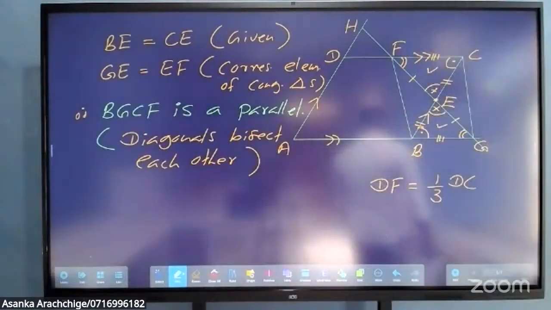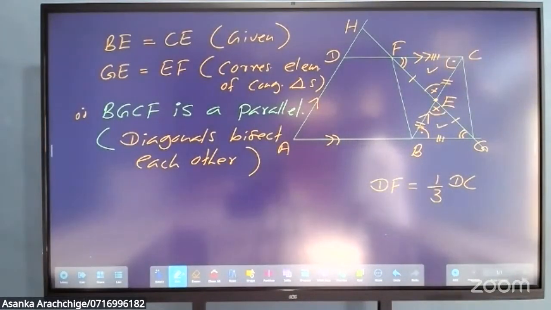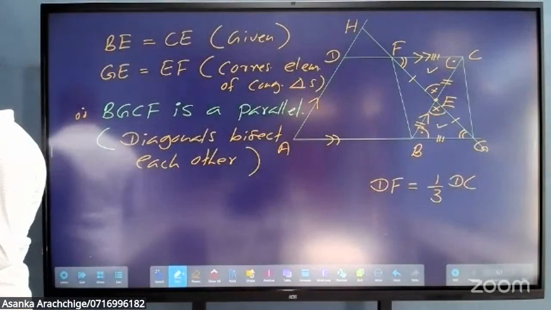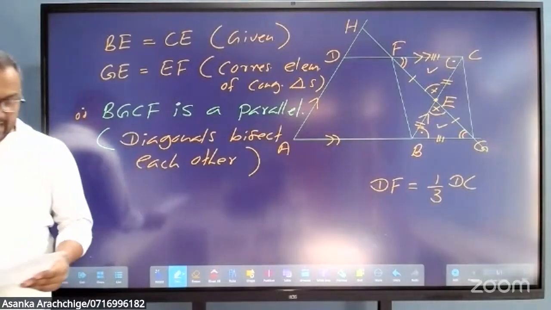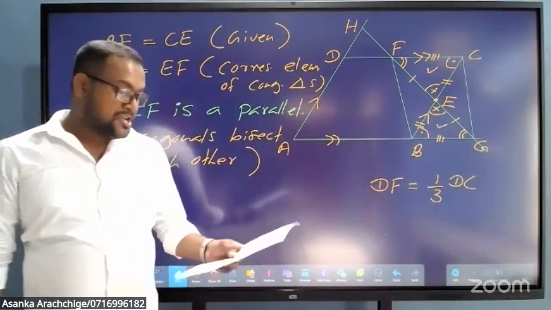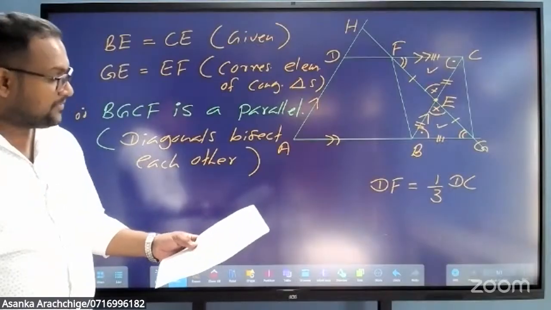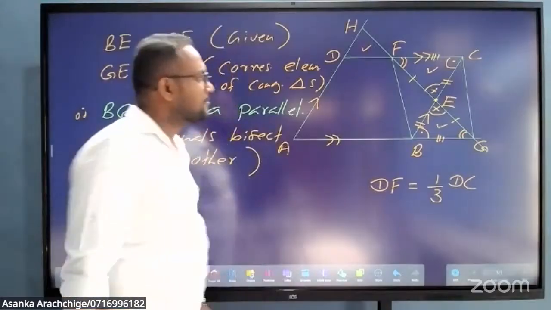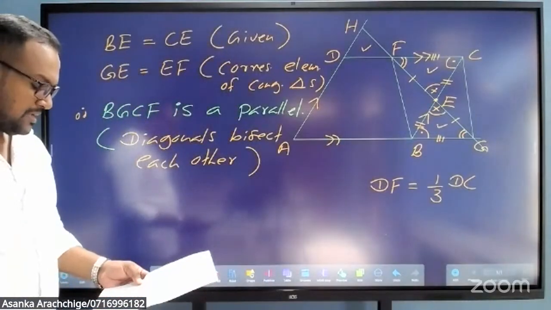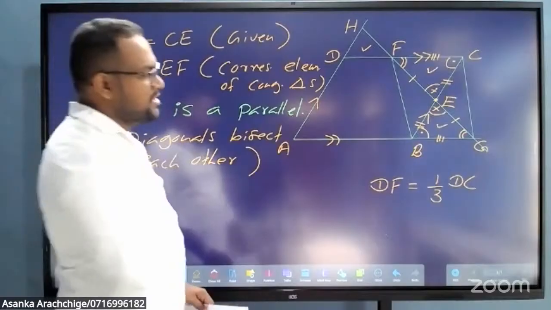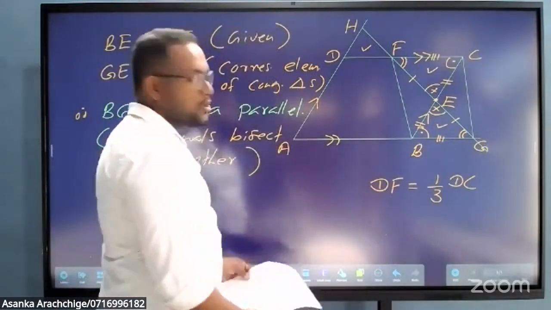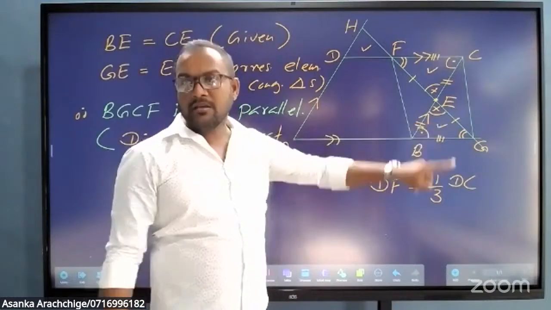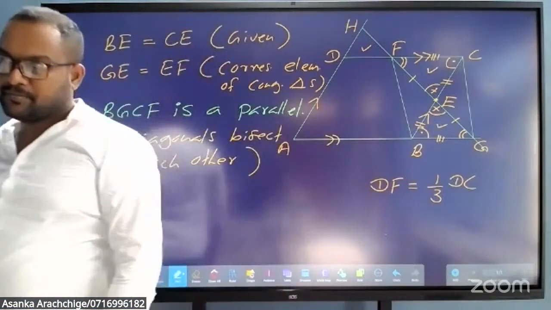Is that clear? Right. And the last part, third part, show that triangle DFH and triangle BGE, this one, are equiangular.